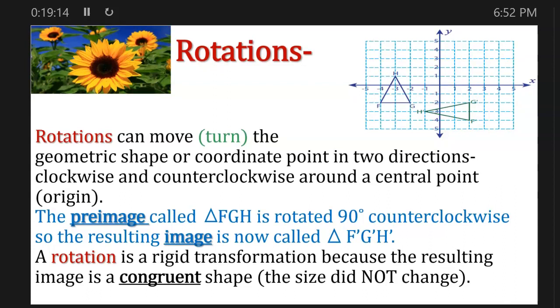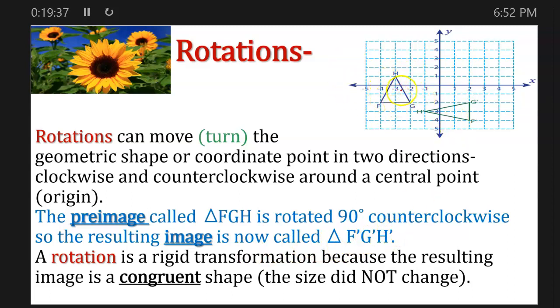Now, rotations can move by turning the geometric shape or coordinate point in 2 directions, clockwise or counterclockwise, around a central point, which we're going to use the origin. The pre-image called triangle FGH is rotated 90 degrees counterclockwise. So the resulting image is now called triangle F prime, G prime, H prime.